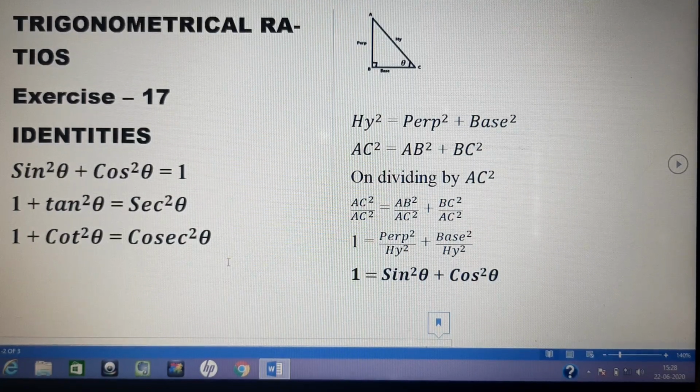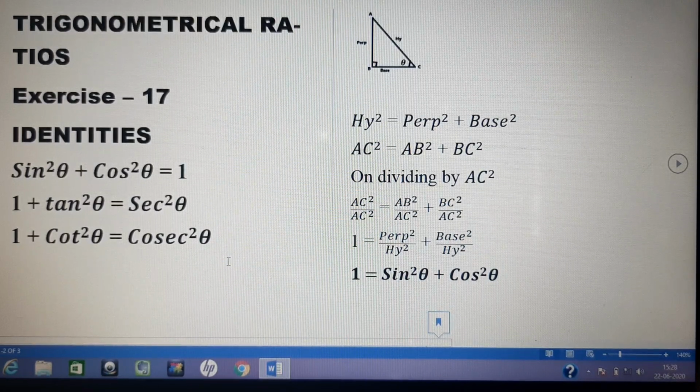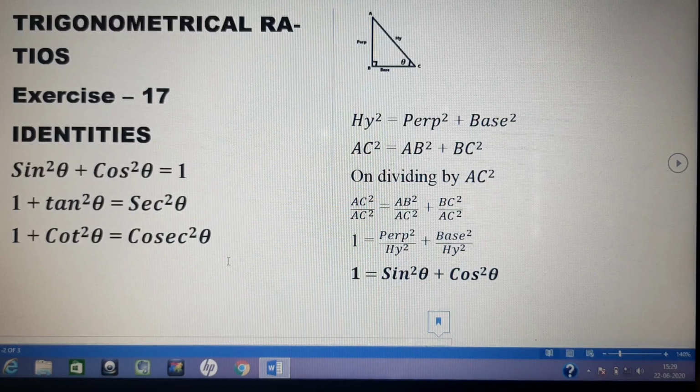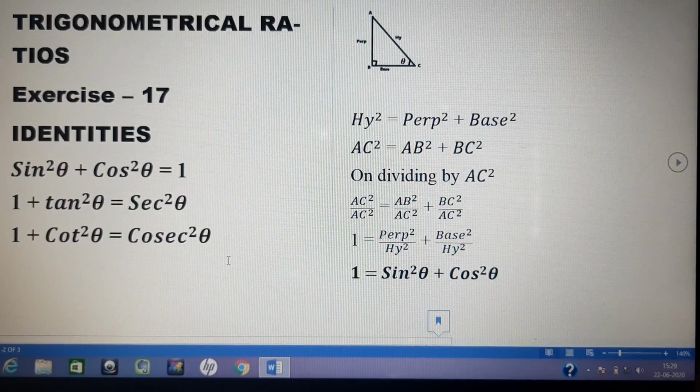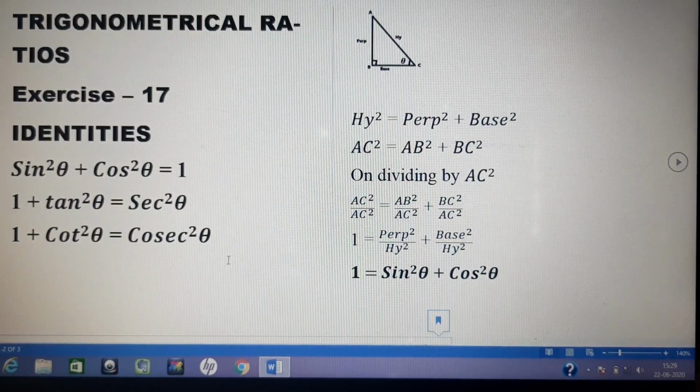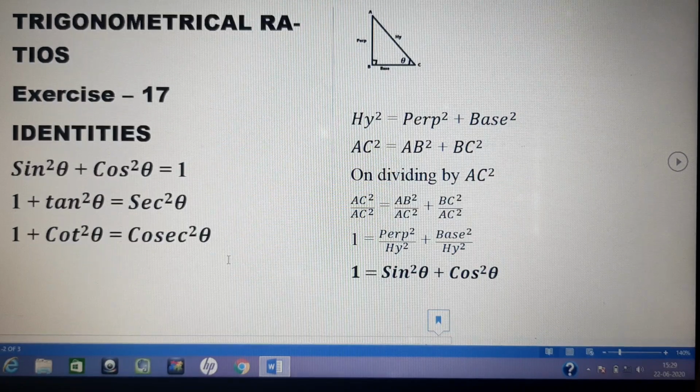Or it can be used this way also: sec square theta minus 1 is equal to tan square theta. One more, the third formula, is 1 plus cot square theta is equal to cosec square theta. This can be used as cosec square theta minus cot square theta is equal to 1. Wherever you have cosec square theta minus cot square theta, you can replace it with 1.